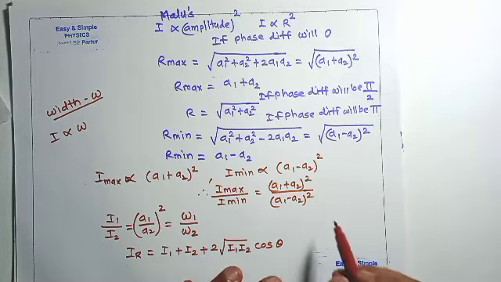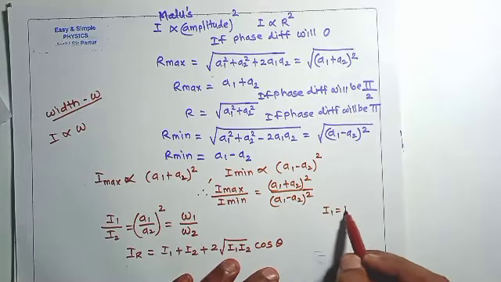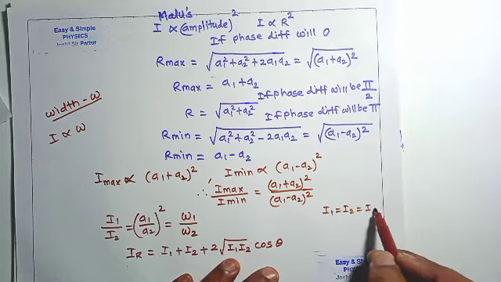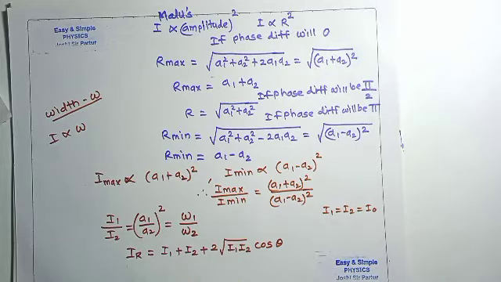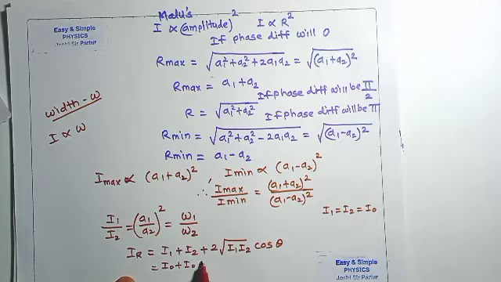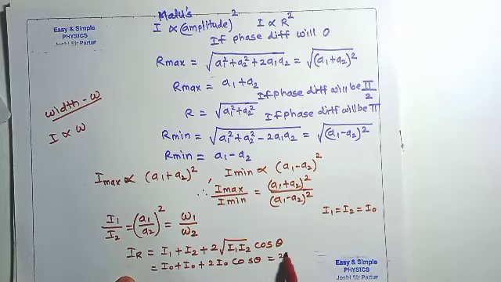So if I1 is equal to I2 is equal to I0, then we can write I0 plus I0 plus 2 times I0 cos of theta, meaning 2I0 plus 2I0 cos of theta.